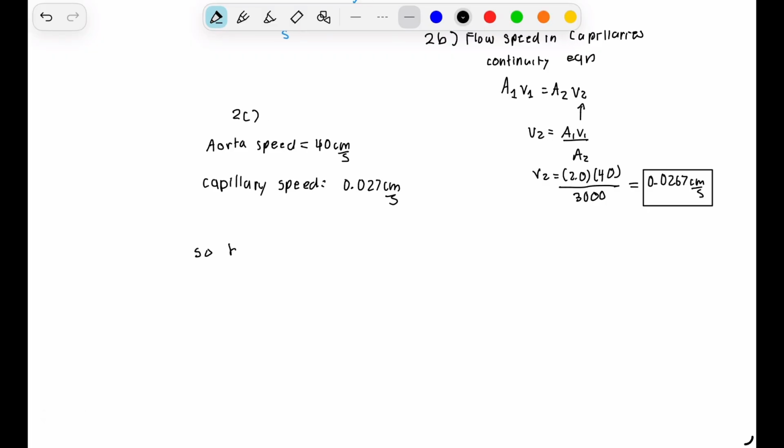So we can say that our blood flows much faster in the aorta than in the capillaries.